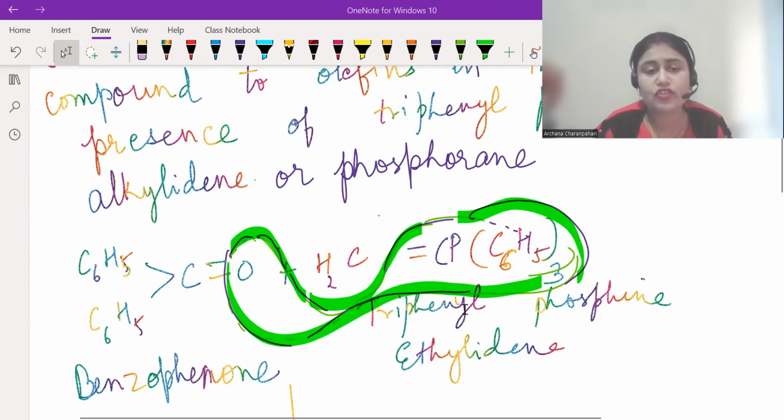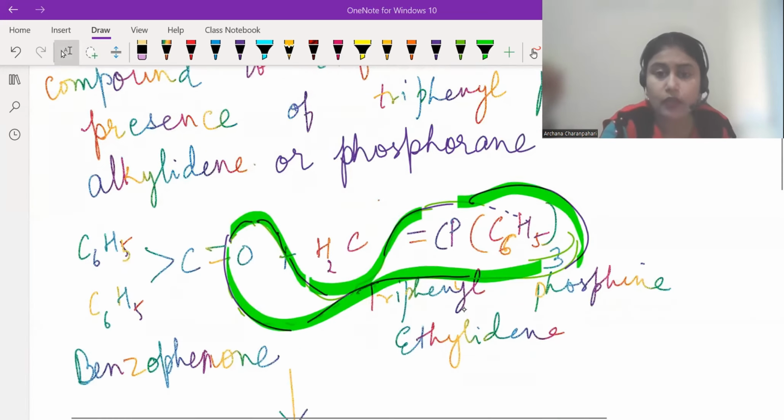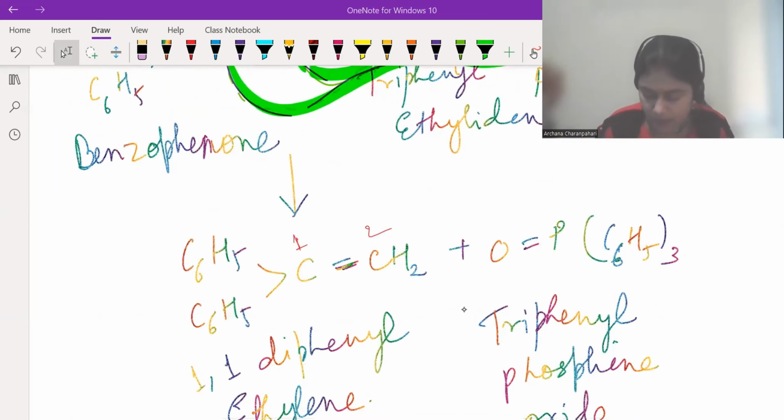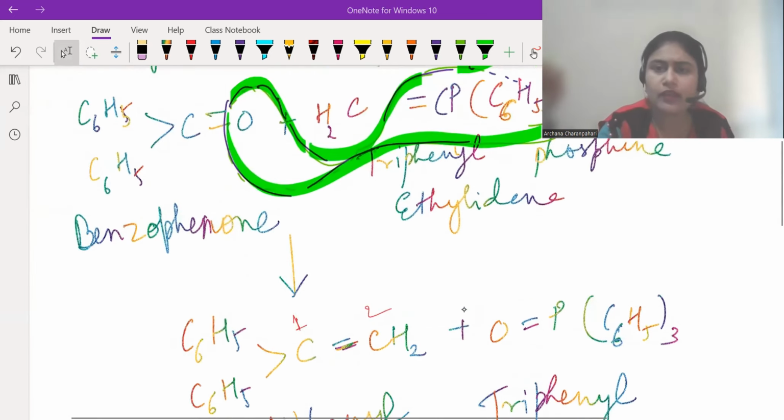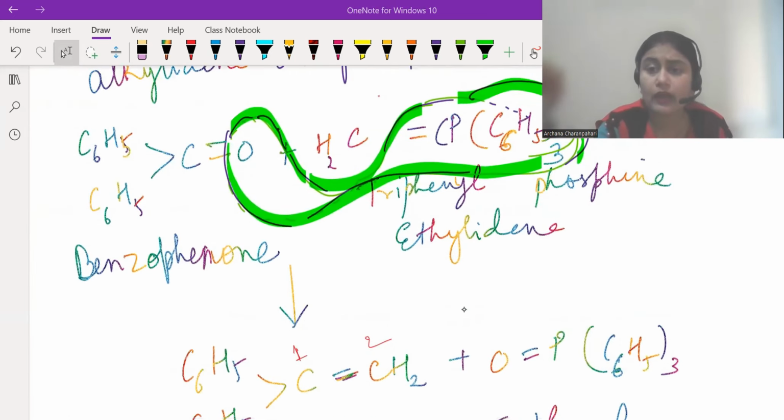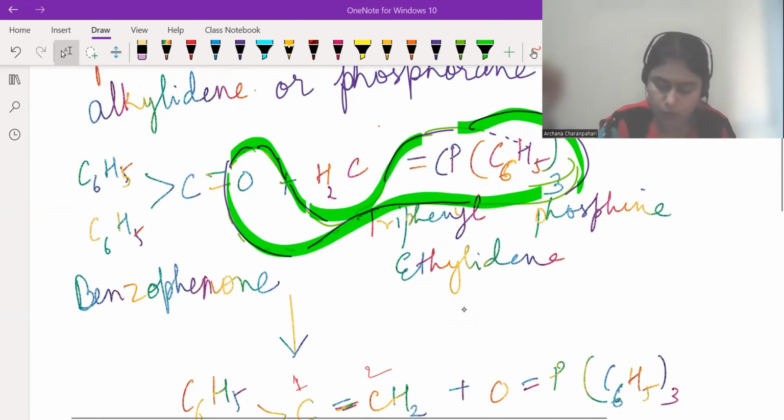Let us see the reaction as follows. We have benzophenone that will react with triphenylphosphine alkylidene to give you this compound, and triphenylphosphine oxide is your byproduct. So let us try to understand how we can write the end products of this Wittig reaction easily.